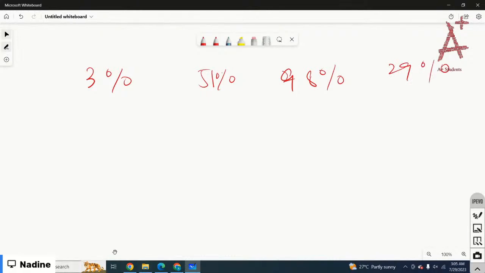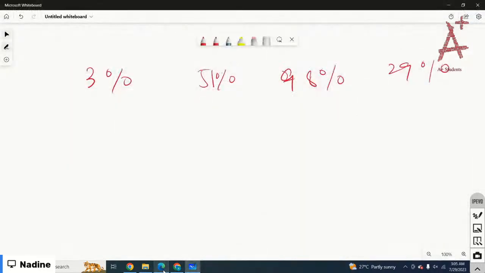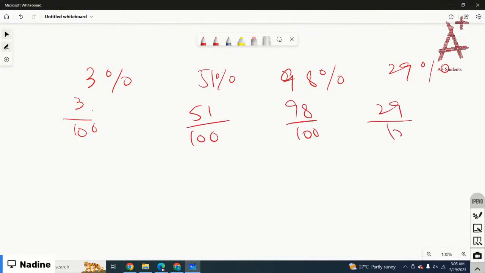You have to write them as a fraction and a decimal part. So you can write them as 3 over 100. Percentage always means out of 100. So 3 out of 100, 51 out of 100, 98 out of 100, and 29 out of 100.